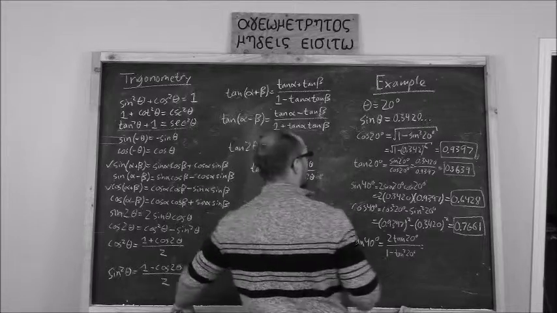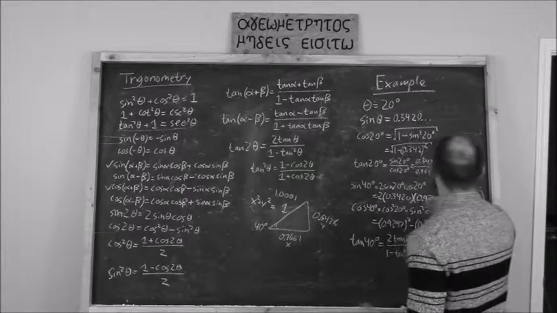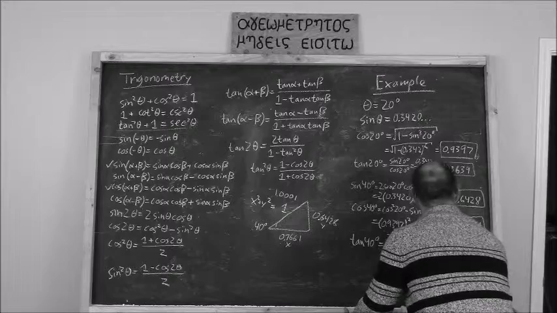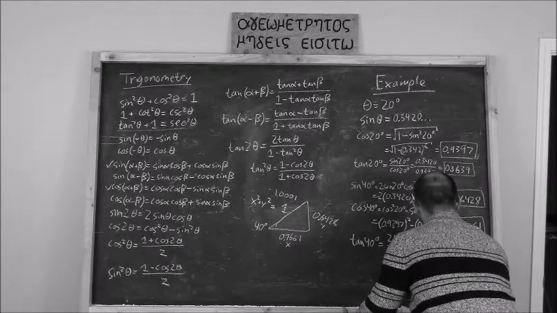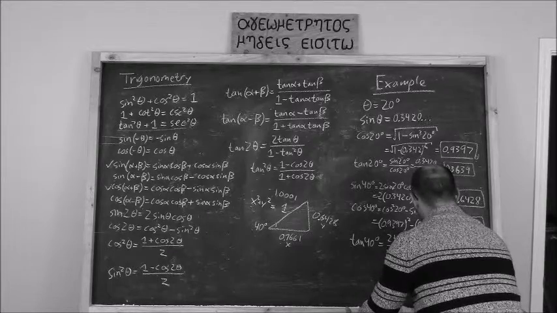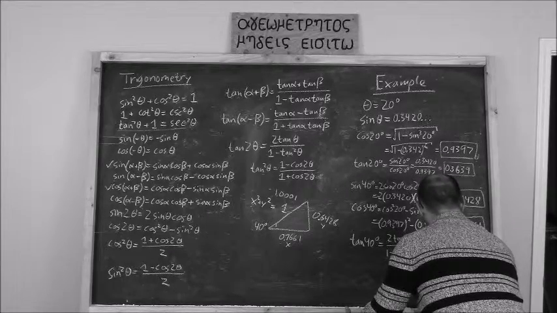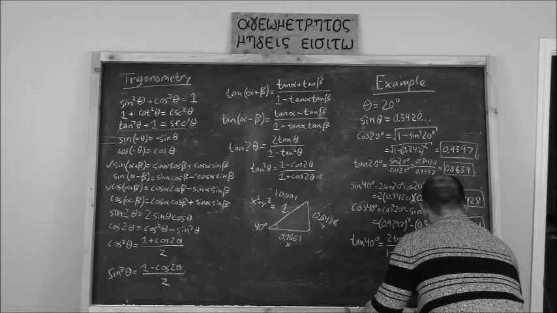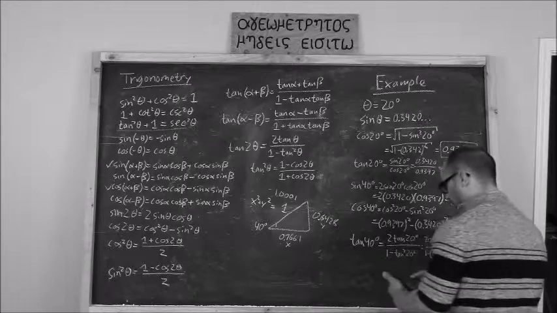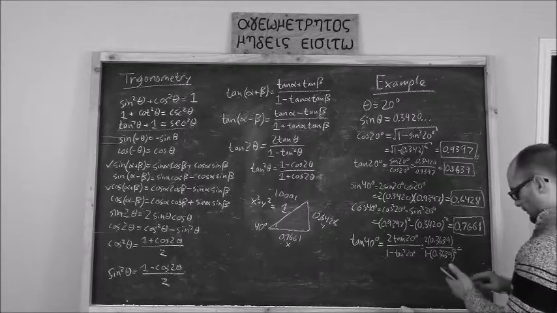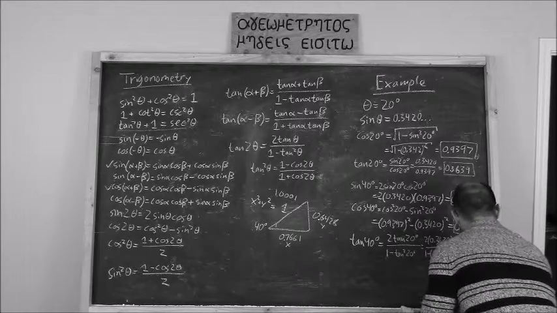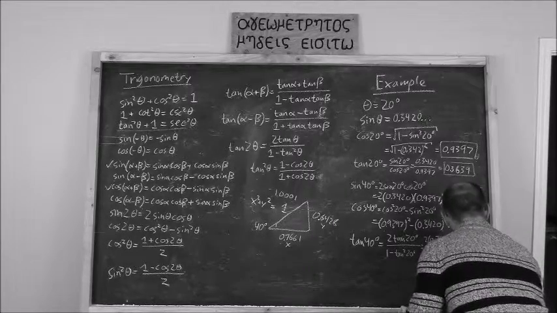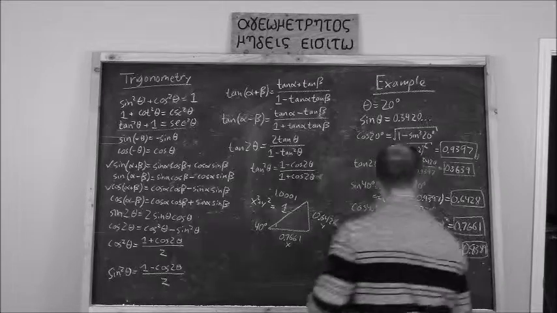Okay, so we have that number from here. 2 times 0.3639 divided by 1 minus 0.3639 squared. Okay, I'm getting 0.8389 to 4 decimal places.